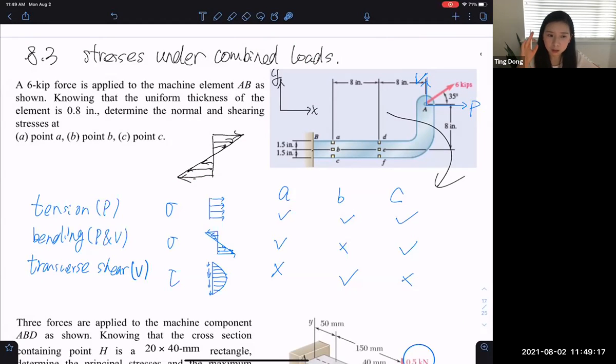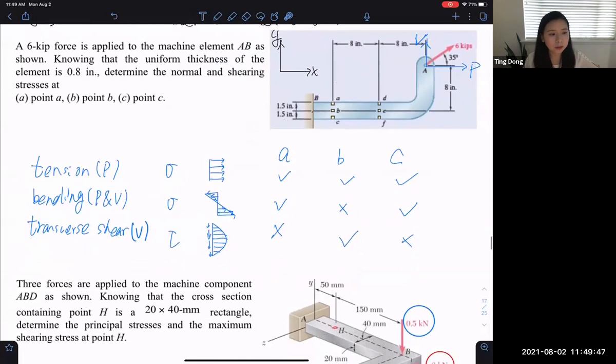Tensile force, tensile normal stress, the internal normal force is always positive when in tension and negative when it's compression. So there's no confusing part here. Let's remove this to make it less confusing. Normal stress generated by bending.